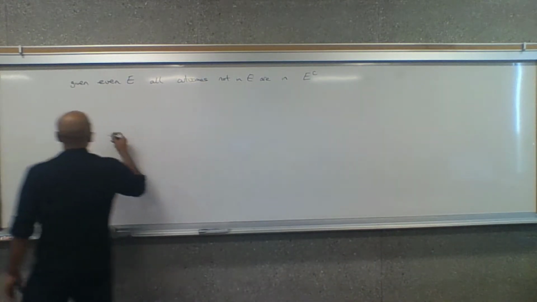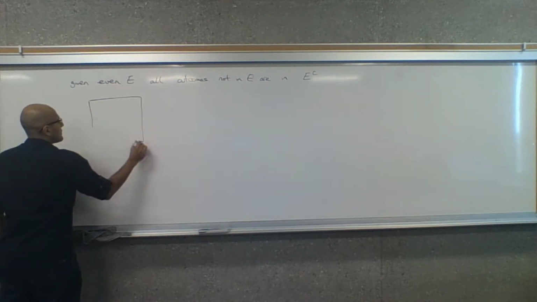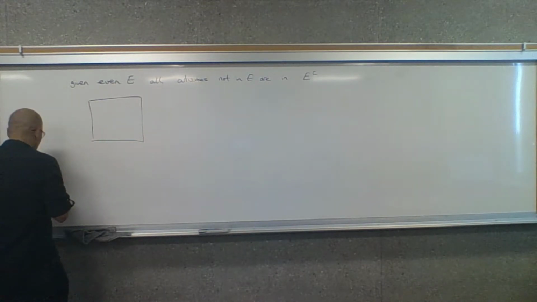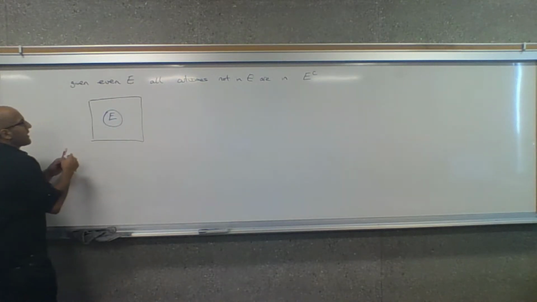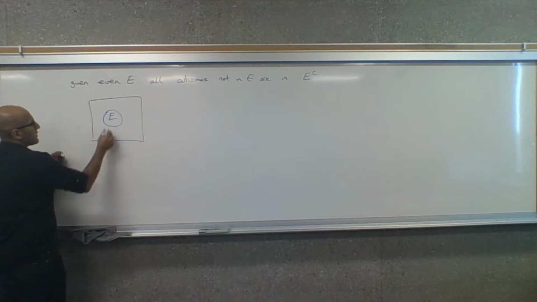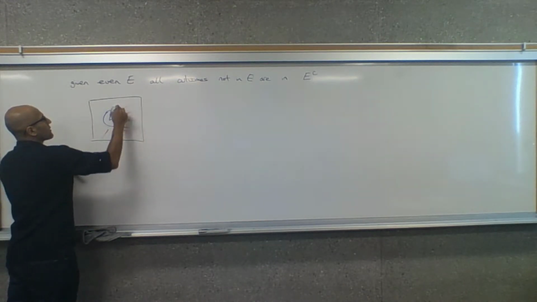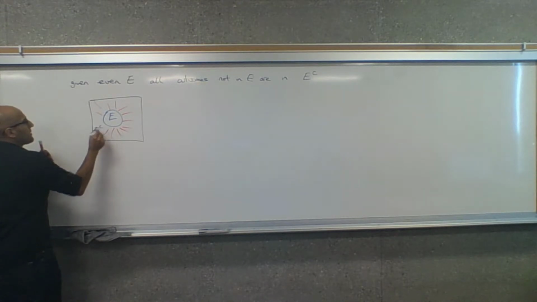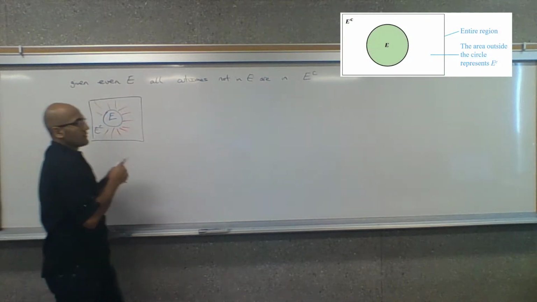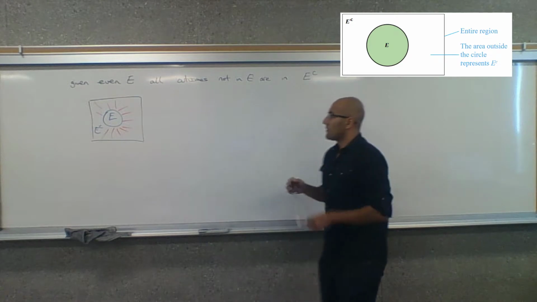We can do a Venn diagram description of this. If we have event E right in the center, then everything outside, everything out here, is what we would consider E complement. So E complement is everything out here. Good? Questions?